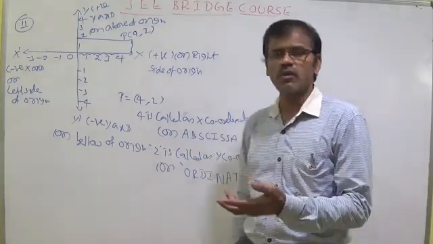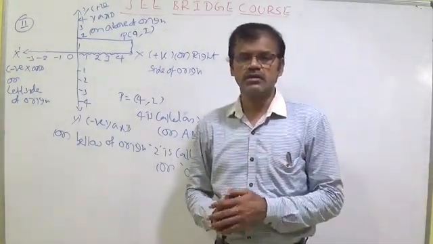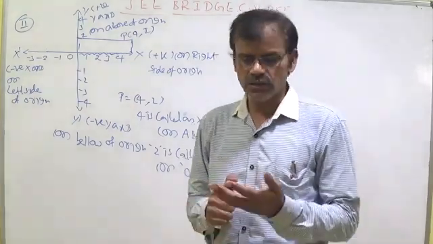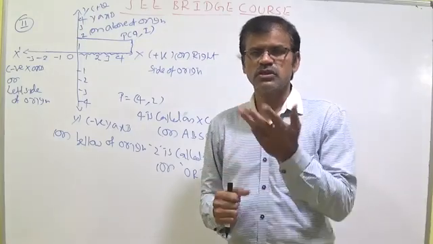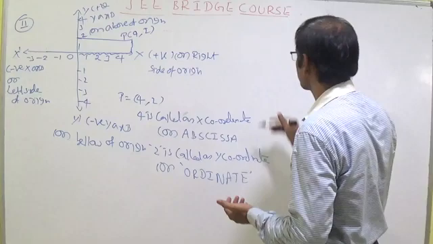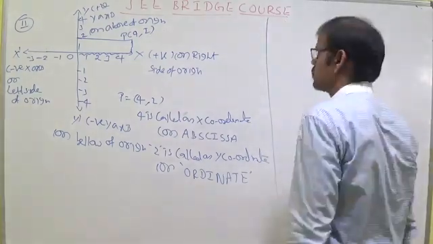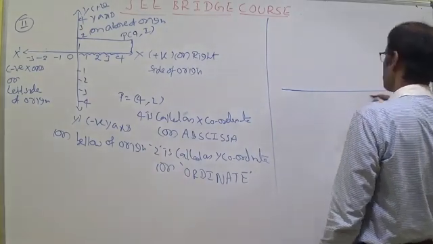If x1, y1 is given, x1 is abscissa and y1 is ordinate. If x2, y2 is given, then x2 is abscissa and y2 is ordinate. If 3, 4 is given, 3 is abscissa and 4 is ordinate. Now, let us discuss the equations of straight line.